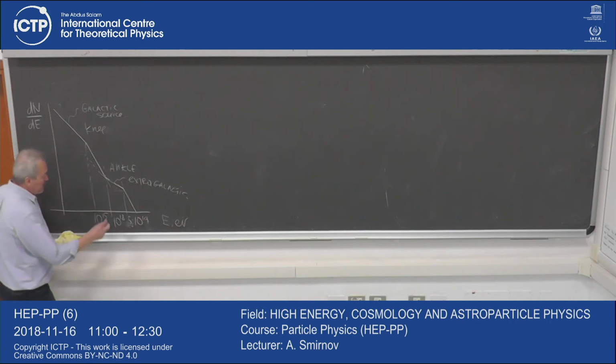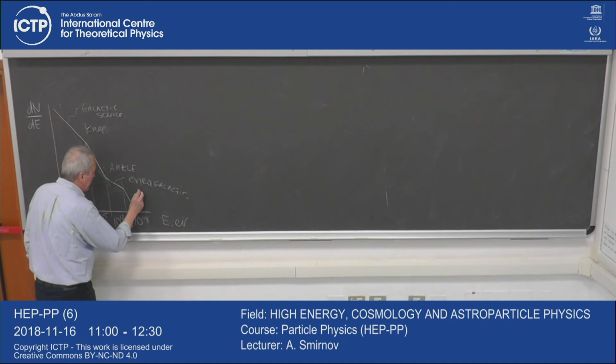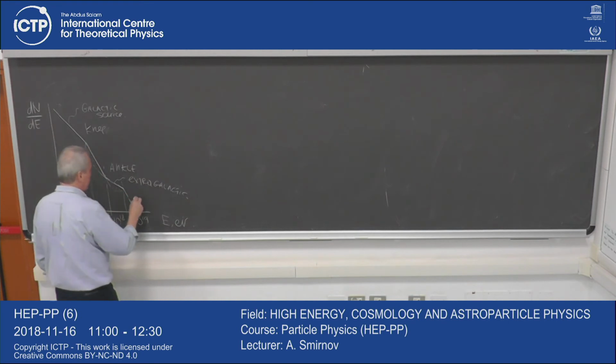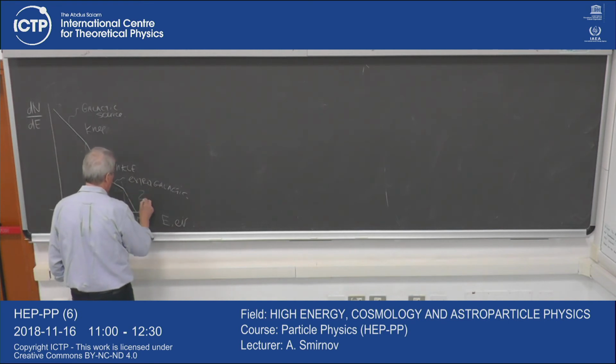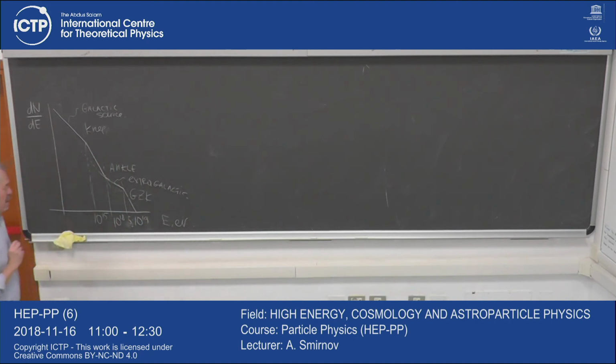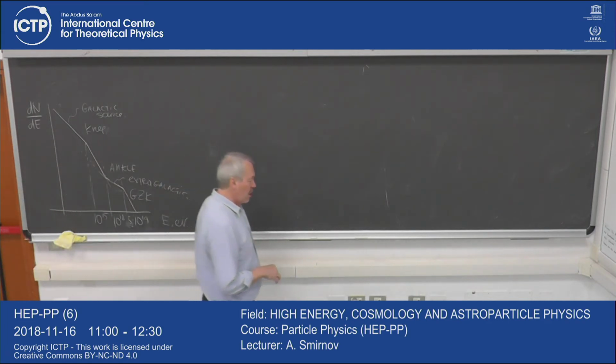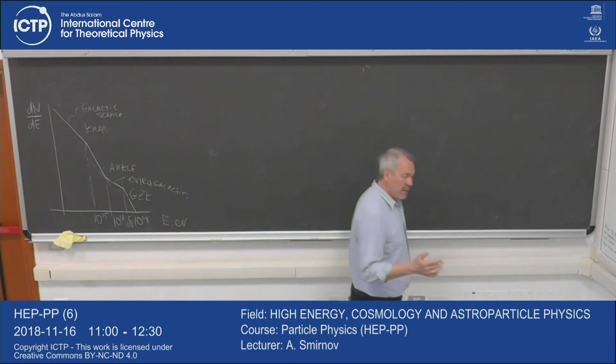Now, finally, there is this cutoff, which people sometimes call the GZK cutoff, after Greisen, Zatsepin and Kuzmin. So what these gentlemen recognized is the following. You have microwave background radiation in the universe, which is left over from the Big Bang.